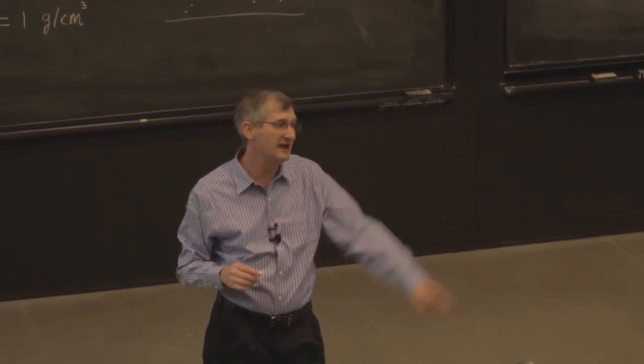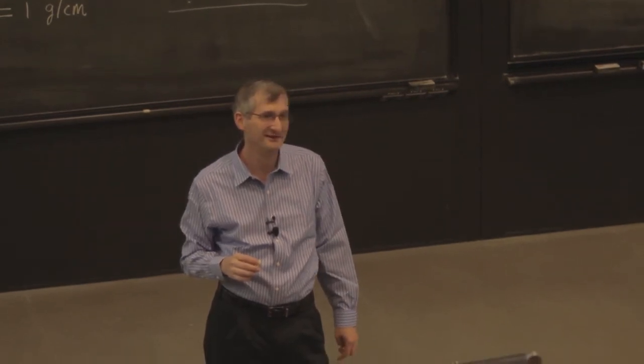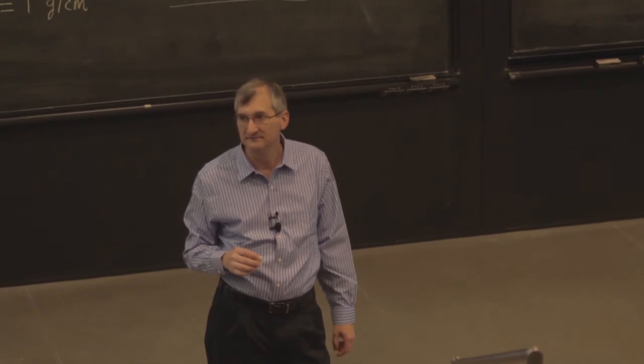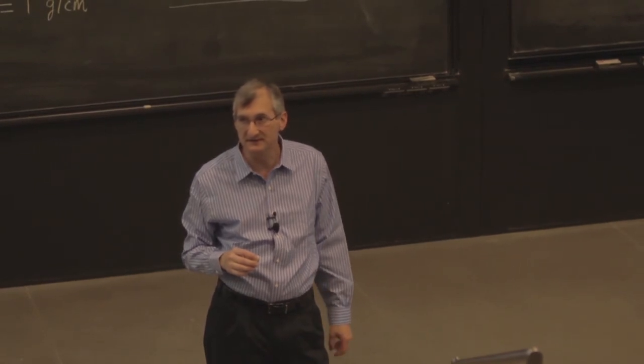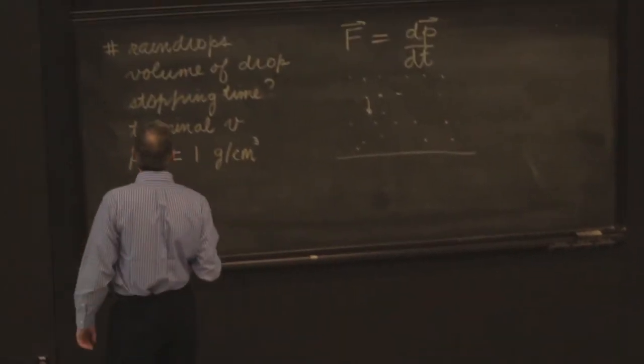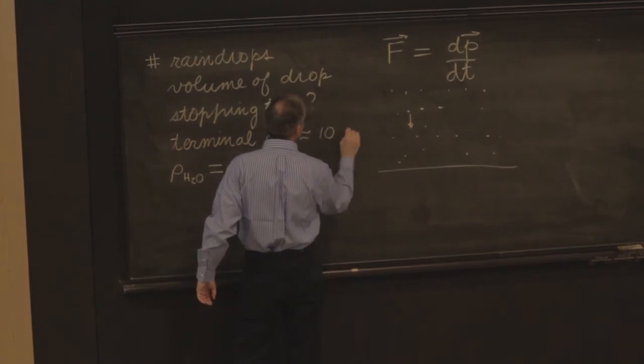Less than the speed of light. Wrong. How about 1 meter per second? Is that too slow? 10 meters per second. 22 meters per second. I'll go with 10. It's easier for me. So terminal velocity, that's about 10 meters per second, I'm going to guess.